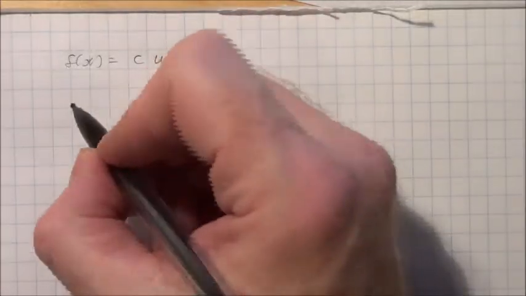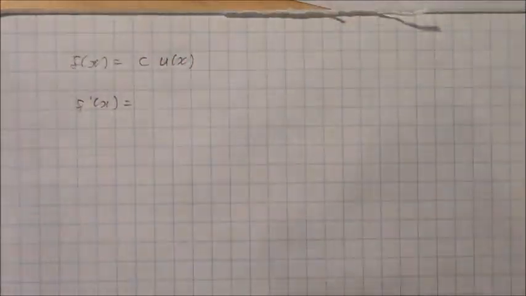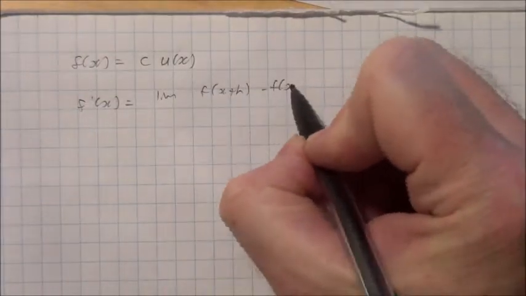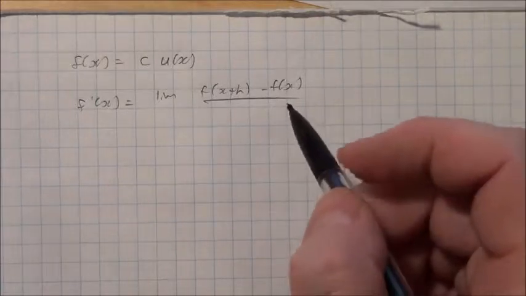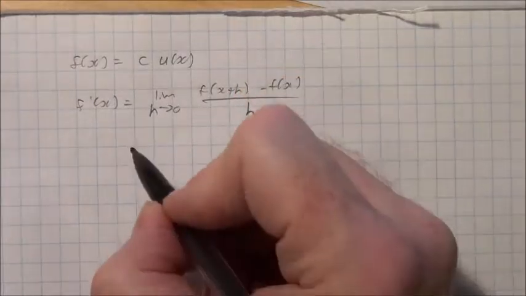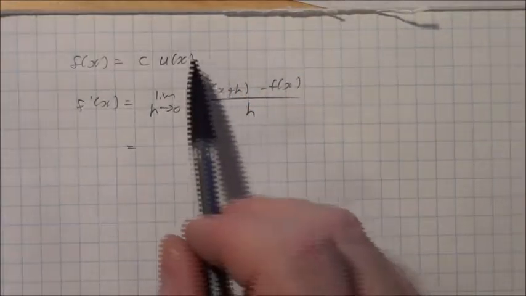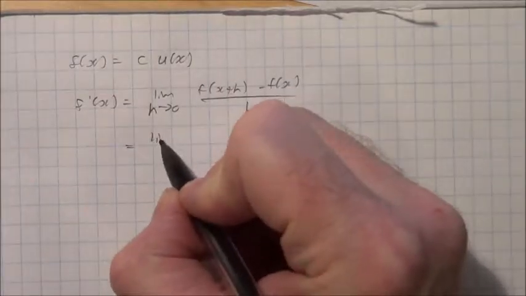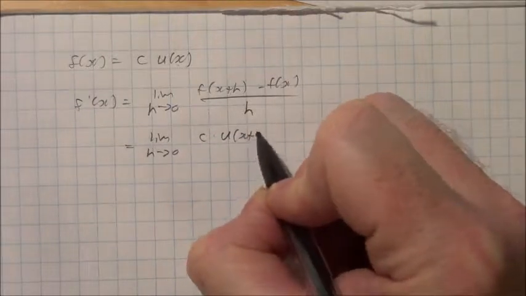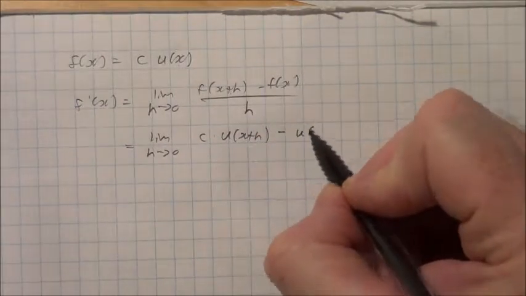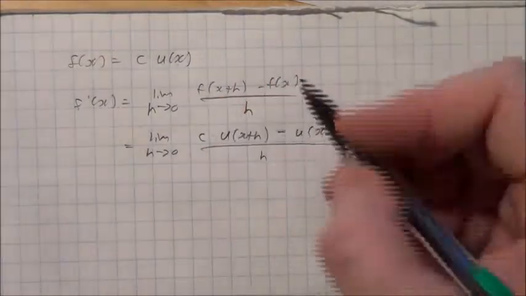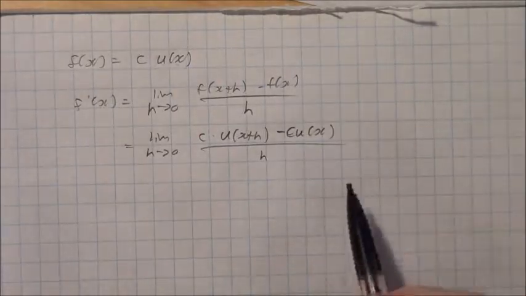And so then f prime of x, of course, is going to be the limit of f of x plus h minus f of x all over, well, it's x plus h minus x, but that just simplifies to h anyway, so I'll just leave it as h approaches 0. So I'm going to substitute x plus h in for x here in the beginning. So I've got the limit as h approaches 0 of c times u of x plus h minus u of x all over h. Oh, sorry, and this is c u of x, of course, here.